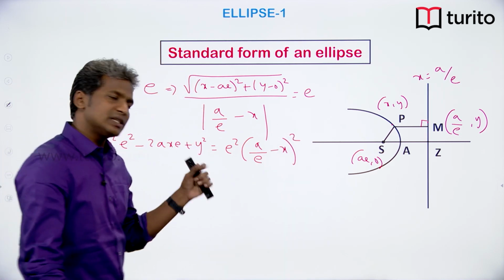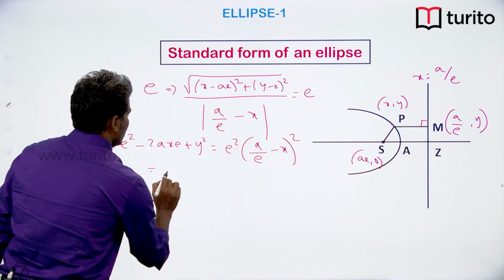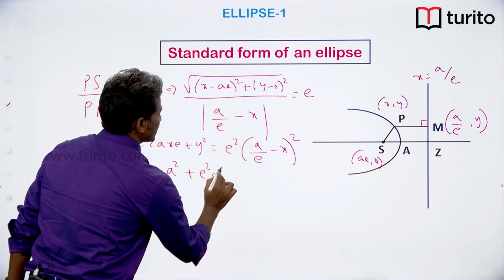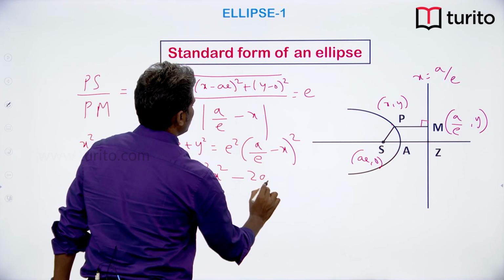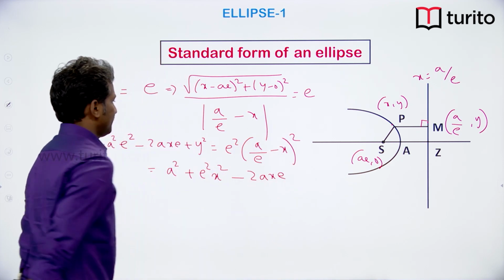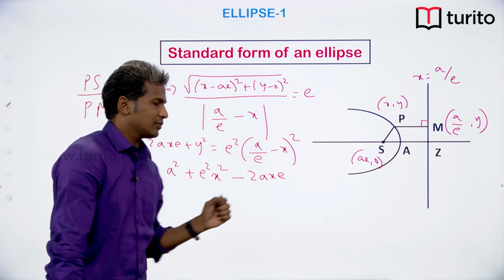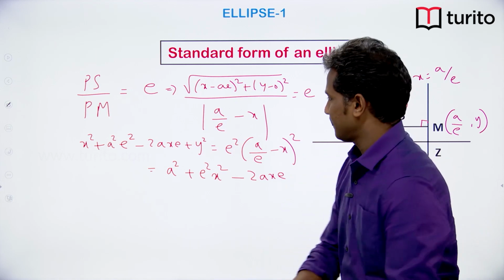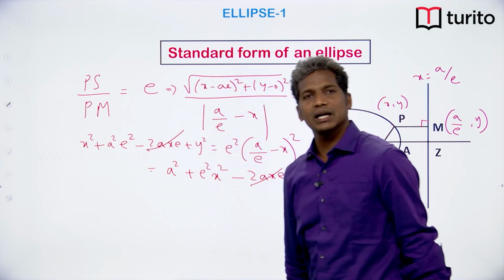Further, if we simplify it, we get a square plus e square x square minus 2axe, because when e square multiplies we get this. Now see if there are any terms which can get cancelled. Here 2axe and 2axe are getting cancelled.